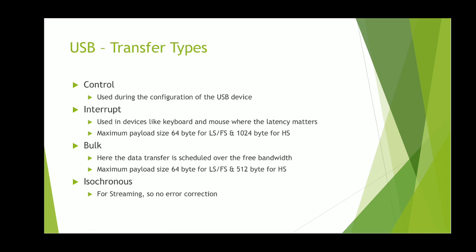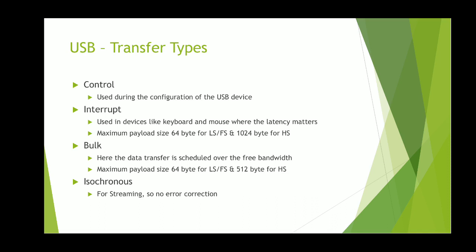In such cases, interrupt transfer mode is used. And in the case of interrupt transfer mode, the maximum payload size is 64 bytes for low speed and full speed devices, and the maximum payload size can be up to 1024 bytes for high speed devices.